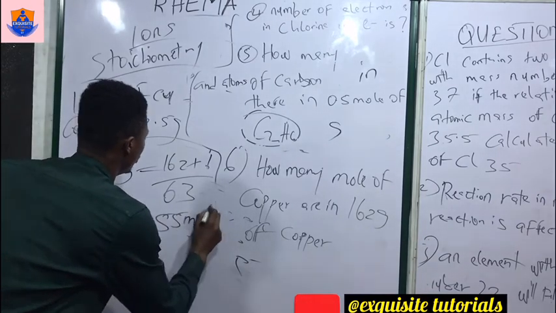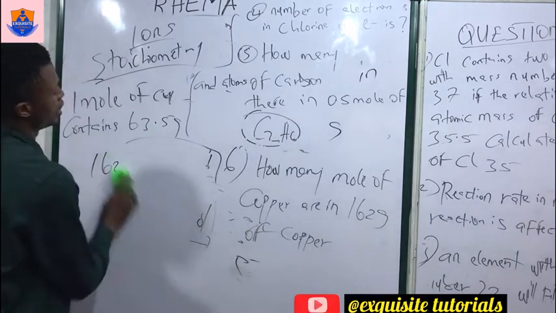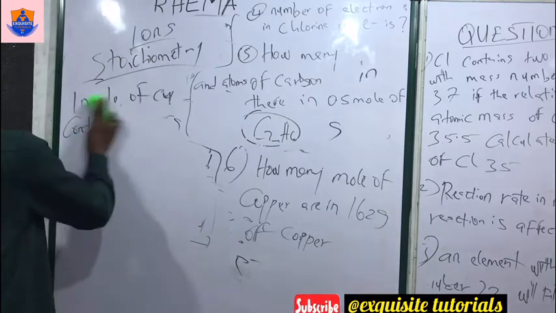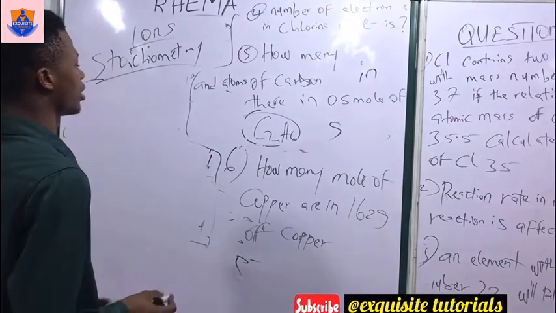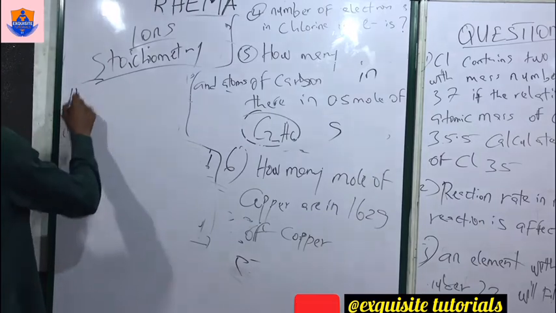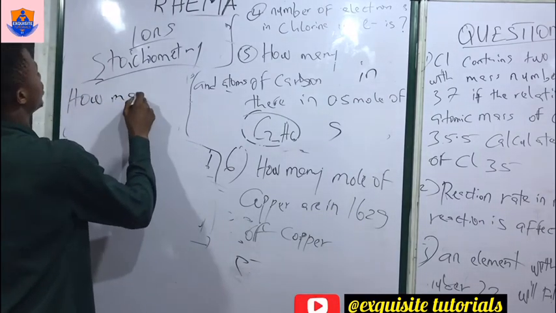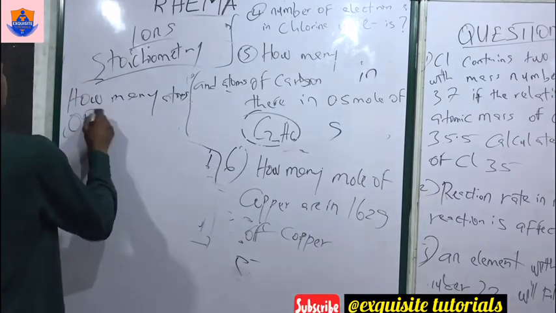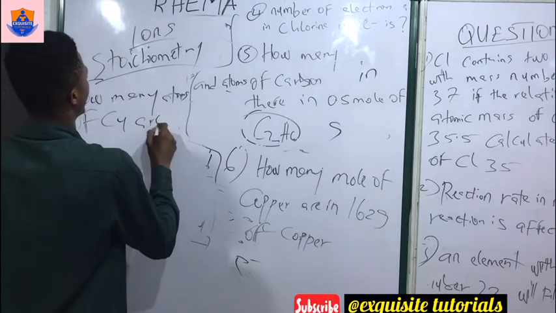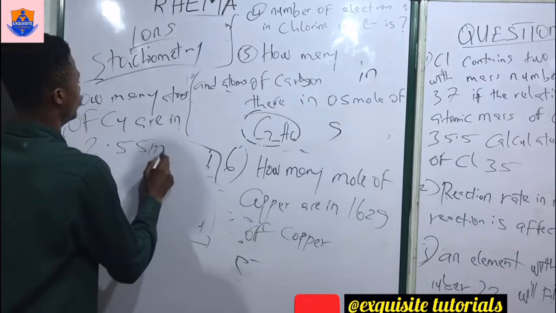2.55 mole. Now, how about when we are given the number of moles to calculate the mass? What if we are given how many grams of copper are in 2.55 mole?